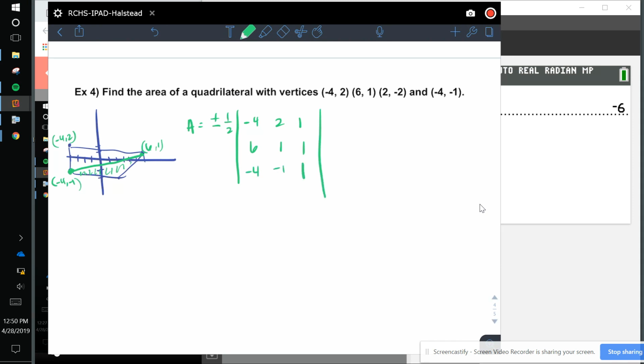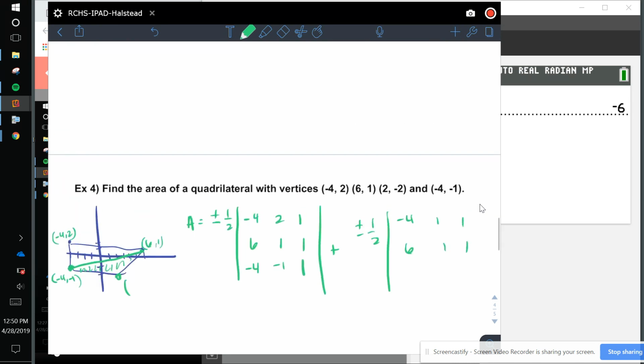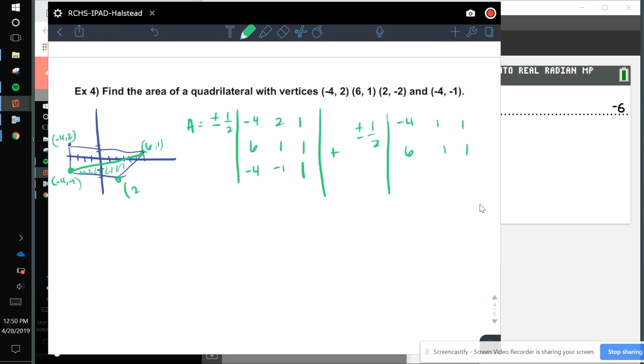So the area of the top triangle plus the area of the bottom triangle: -4, 1, 1, 6, 1, 1, and this last point here, 2, -2, 1.